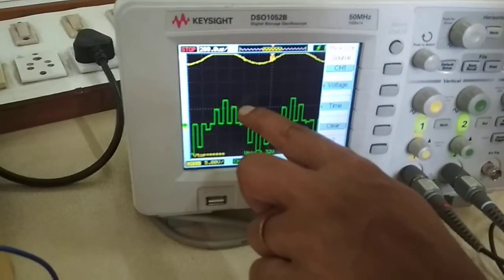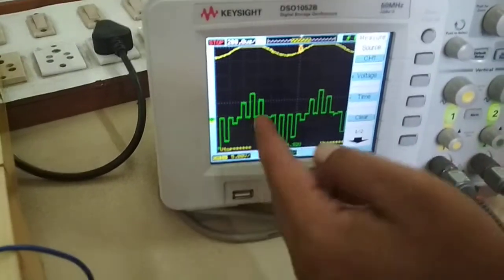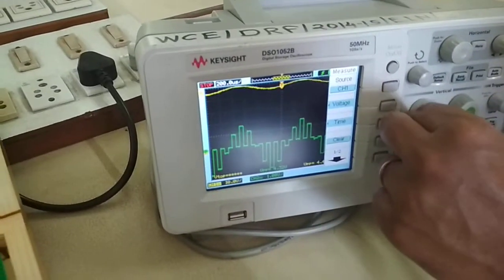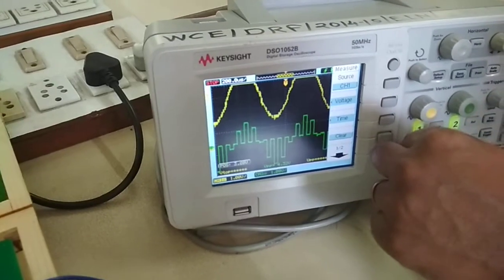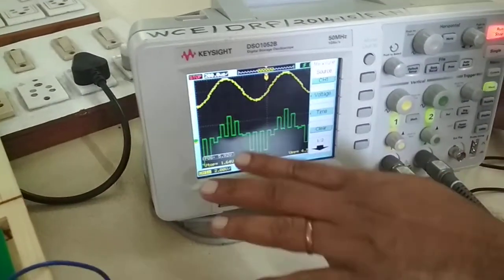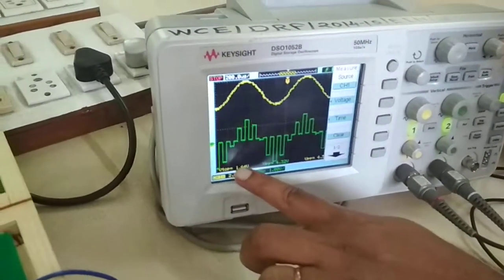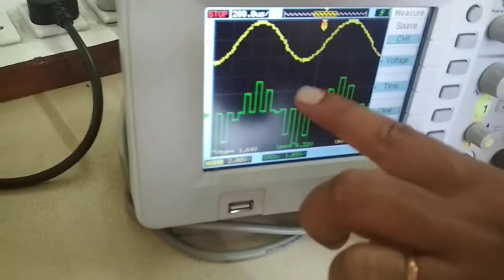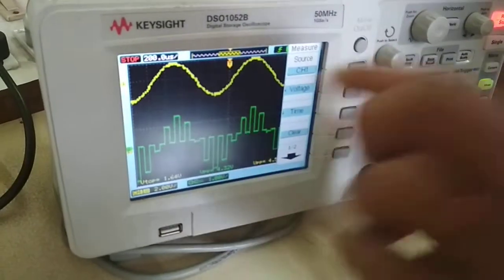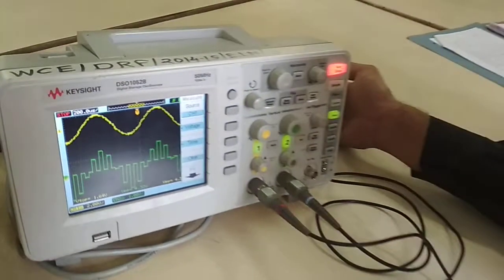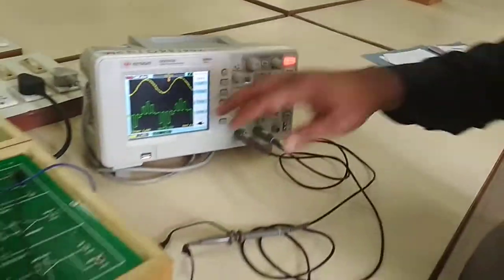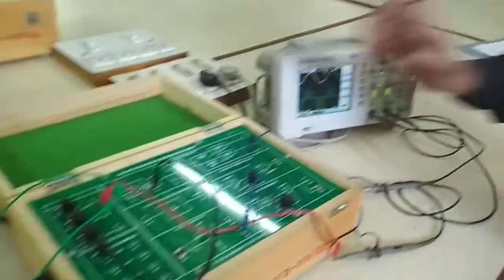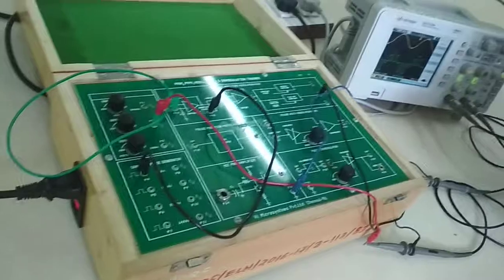So this portion is flat, and in the earlier case it was natural, right? So this is the difference between flat top sampling and natural sampling, and the rest of the things are the same. The input voltage is 2 volt and the amplitude of this flat top sampling is 4.3 volt. So there is no difference in the observation. So this is my testing of natural sampling as well as flat top sampling.